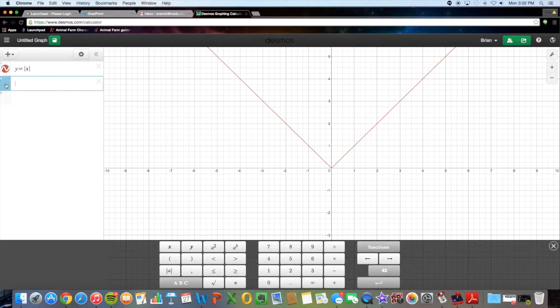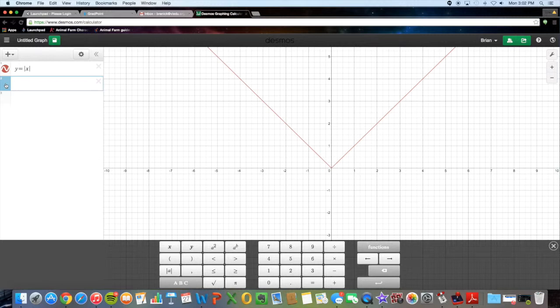We talked about translating it vertically and horizontally. So let's look at vertically first. The way that you translate an absolute value graph vertically is by adding or subtracting a constant outside of the absolute value markers. So what does that mean? Let's talk about translating this graph up 2 units.